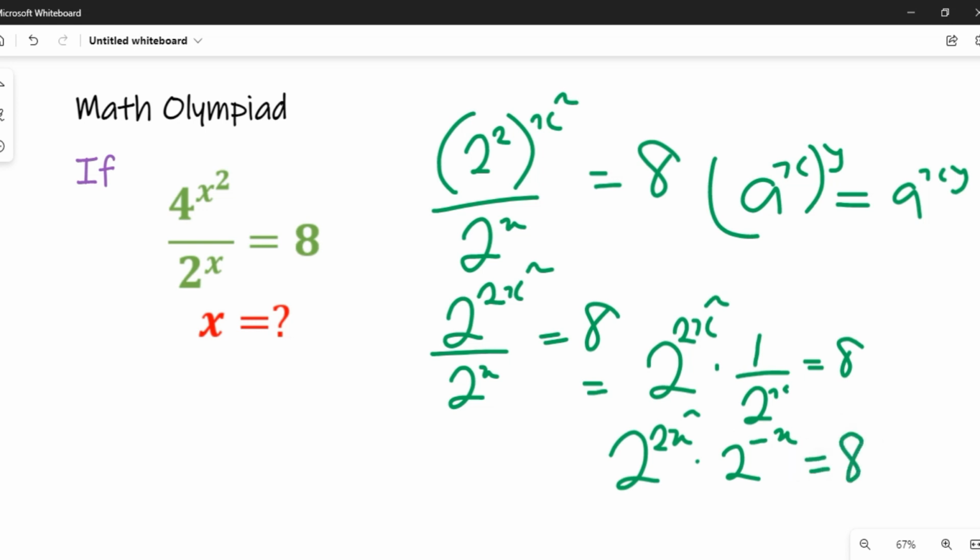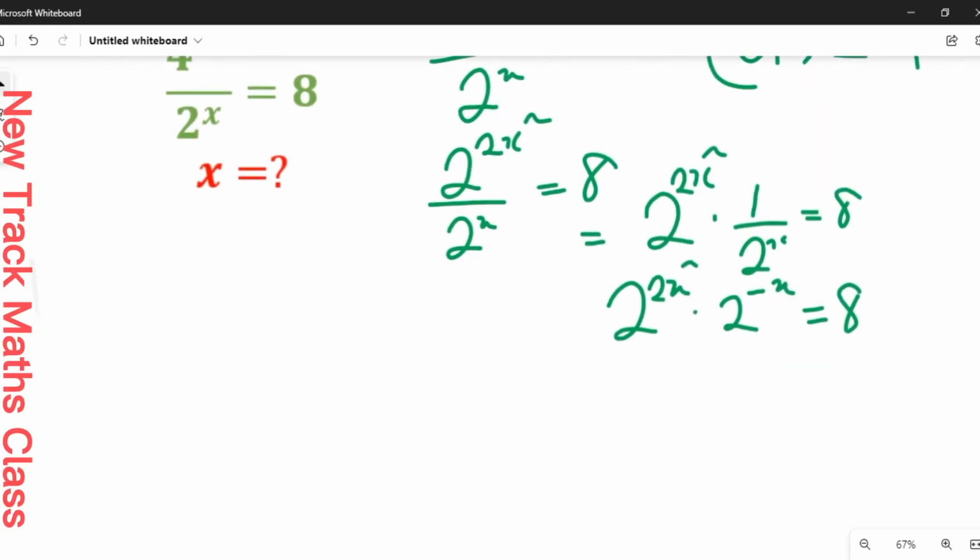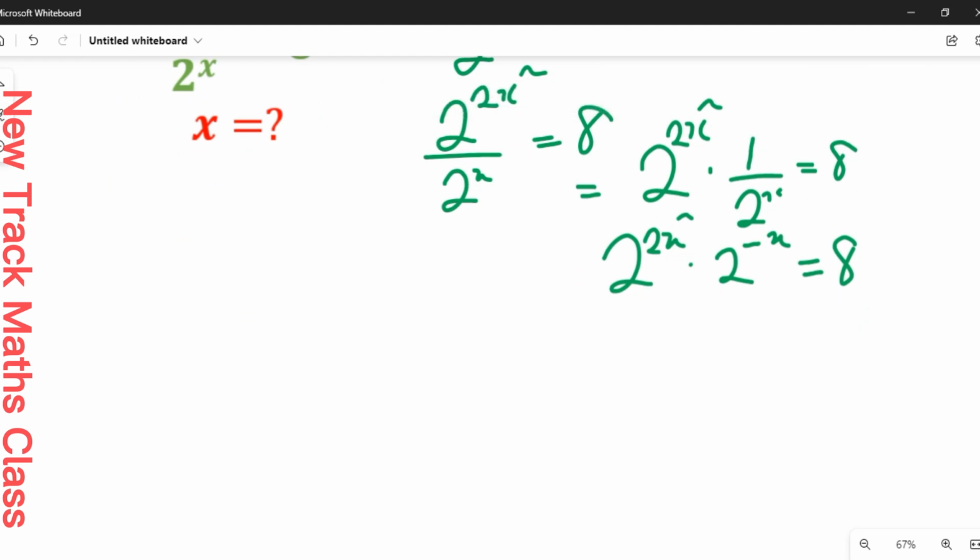We will now make reference to another law of indices that you know, that a raised to power x plus y is equal to a raised to power x multiplied by a raised to power y.